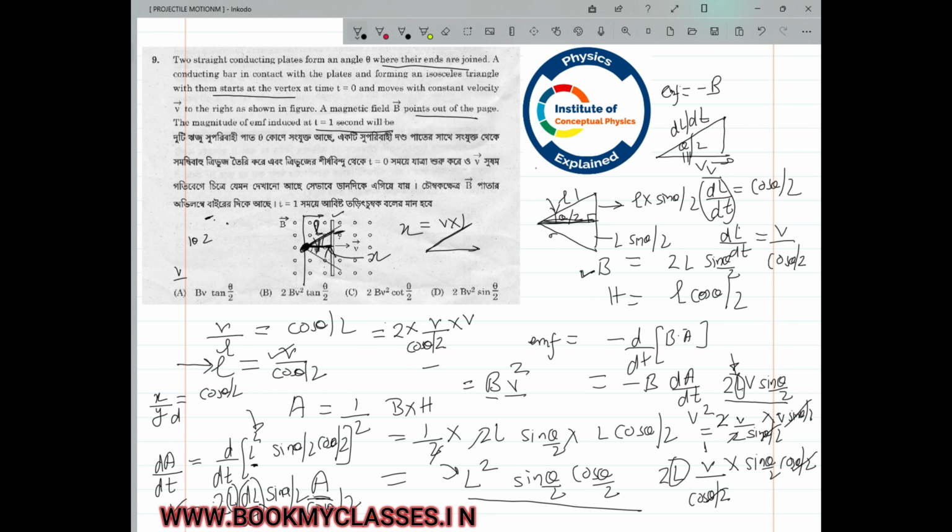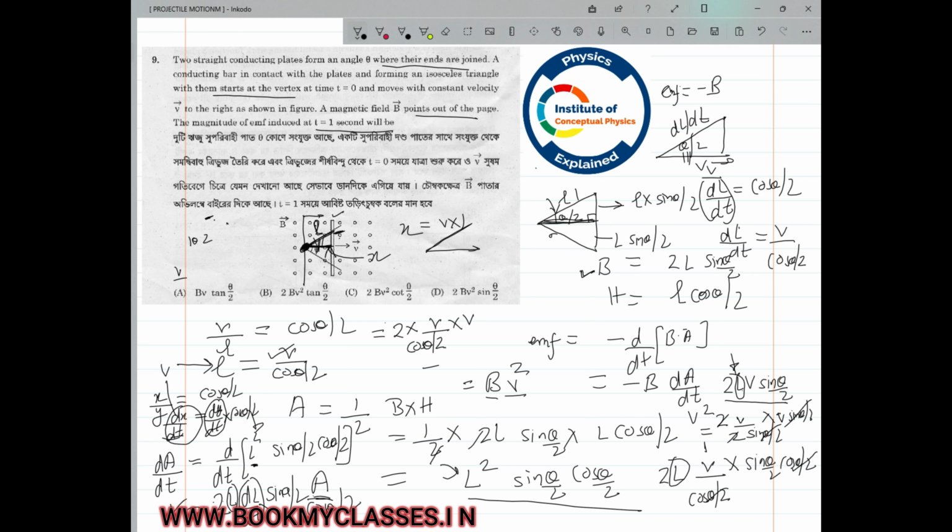So dx by dt, which is the velocity, is equal to dy by dt into cos theta by 2. So this is your velocity v. This is basically dl by dt, right?